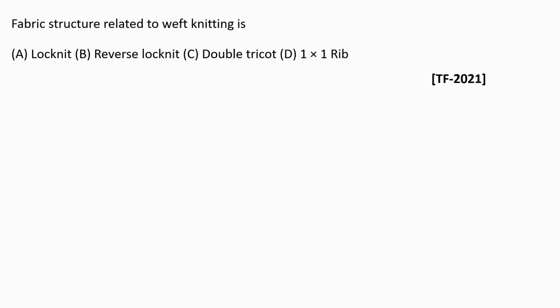This question says: the fabric structure related to weft knitting is lock knit, reverse lock knit, double tricot, or 1 cross 1 rib. In weft knitting, what is the related fabric structure?